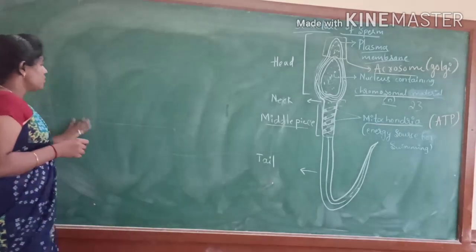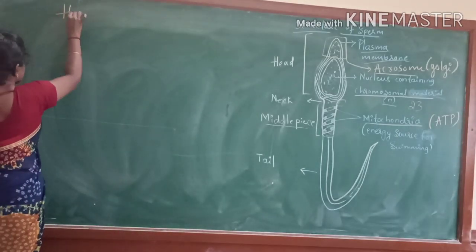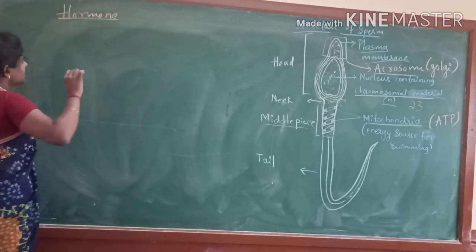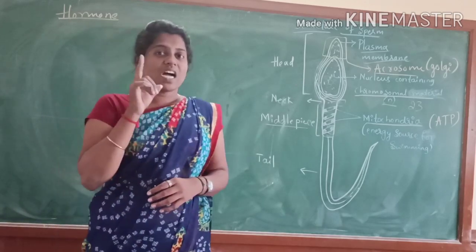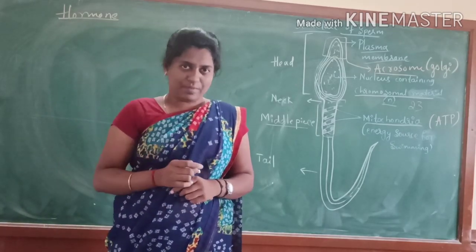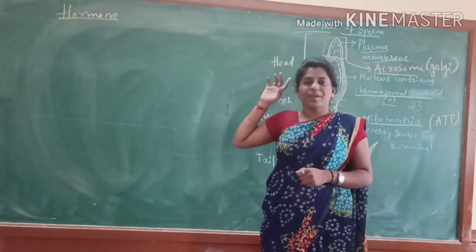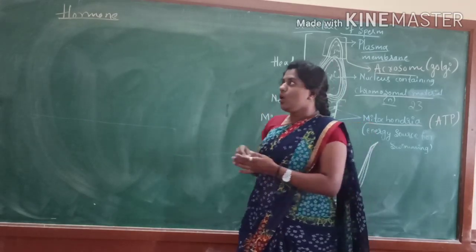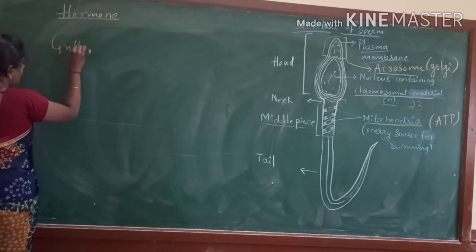Spermatogenesis is controlled by hormones, and the whole process is controlled by the hypothalamus. Understood? The hypothalamus is the main control and it releases gonadotropin-releasing hormone, GnRH.